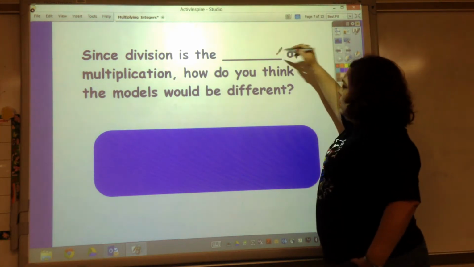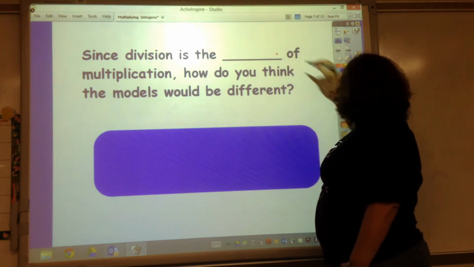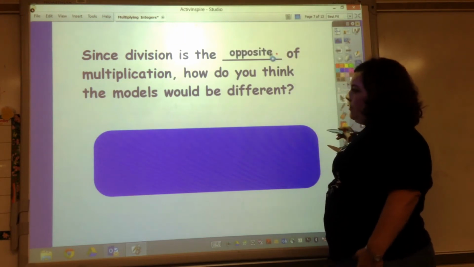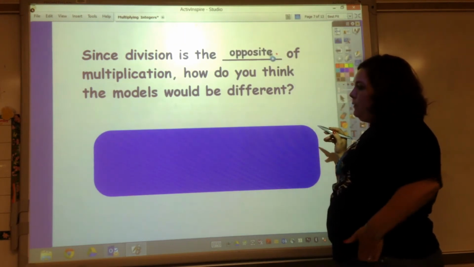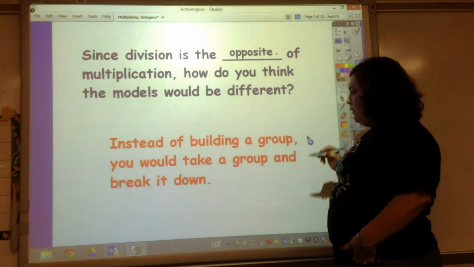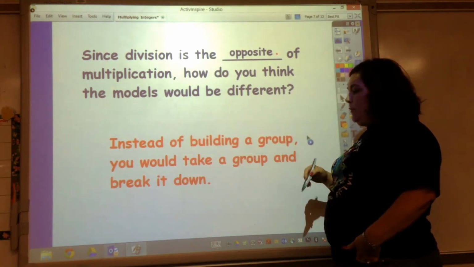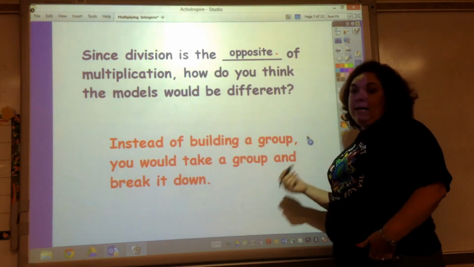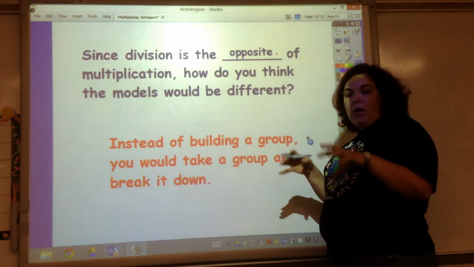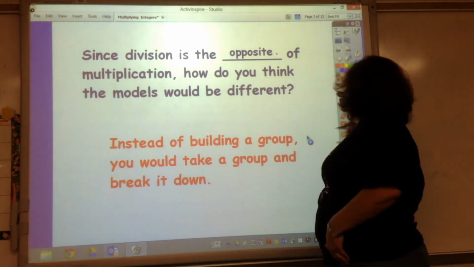Since division is the opposite of multiplication, how do you think the models would be different? Instead of building a group, you would be taking a group and breaking it down, splitting it apart into smaller pieces.